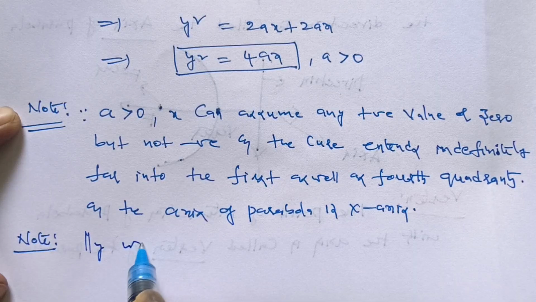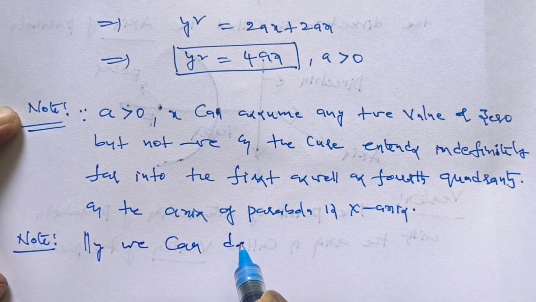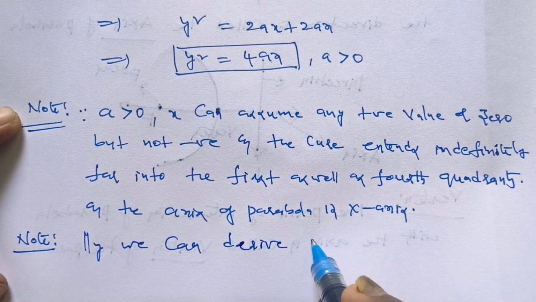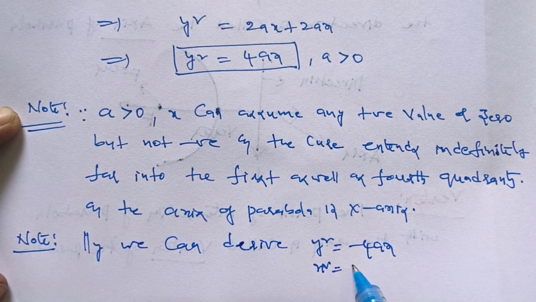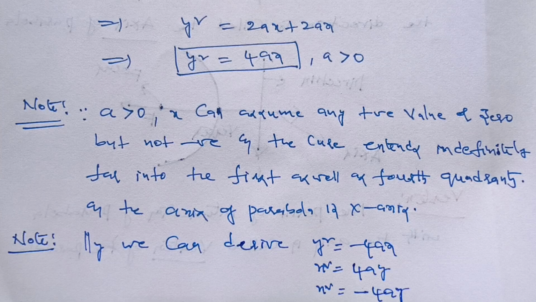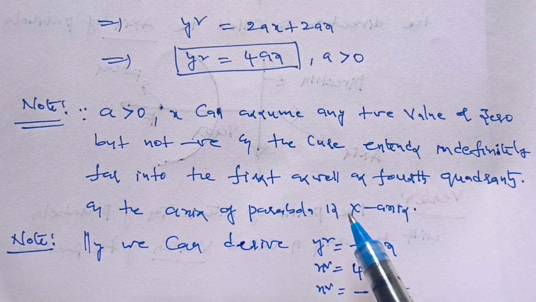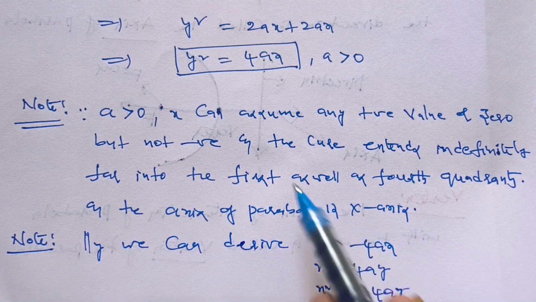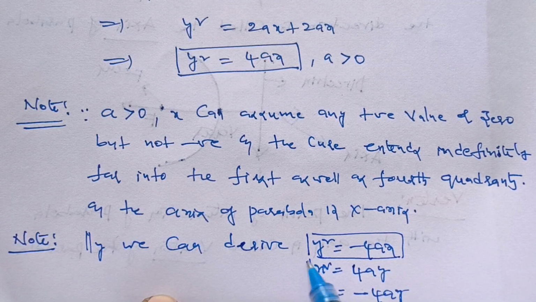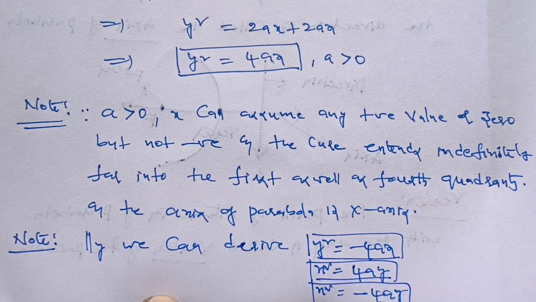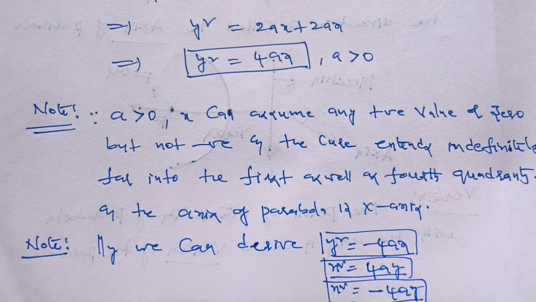Similarly we can derive y square is equal to minus 4ax, x square is equal to 4ay, x square is equal to minus 4ay. These are all known as the standard equations of parabola.